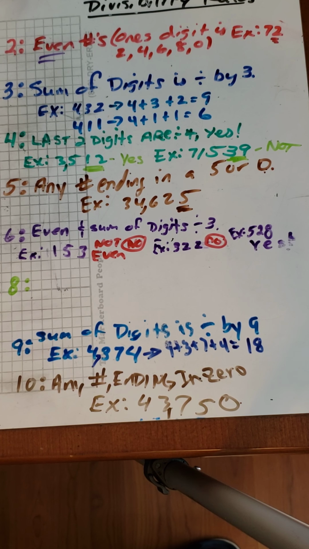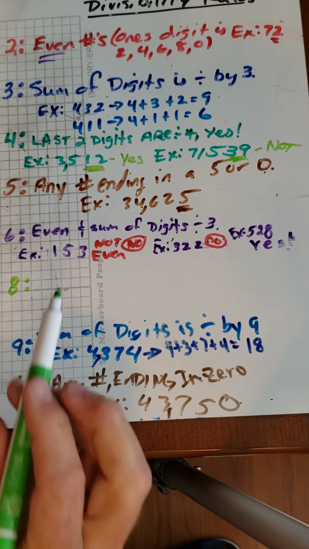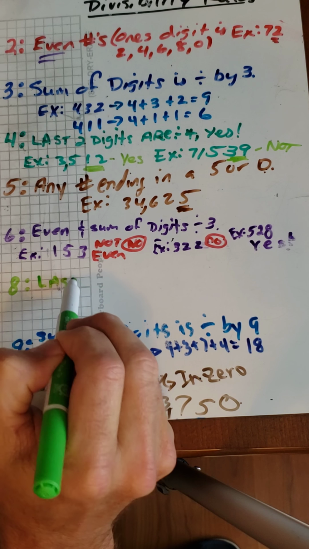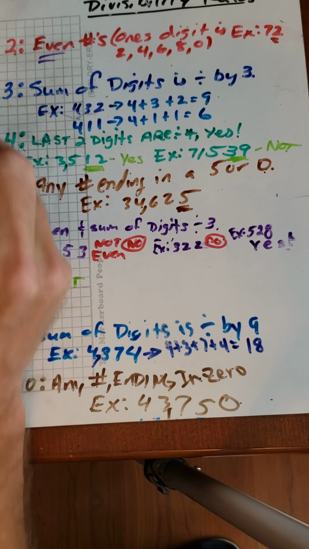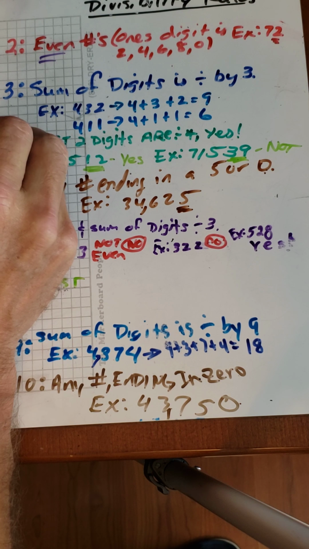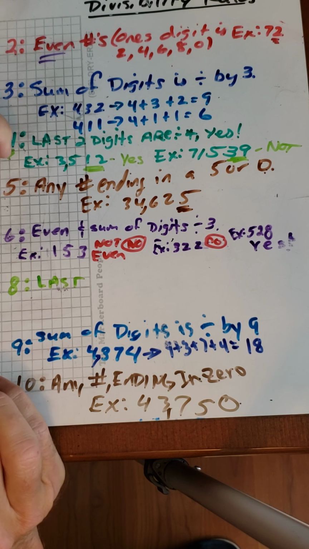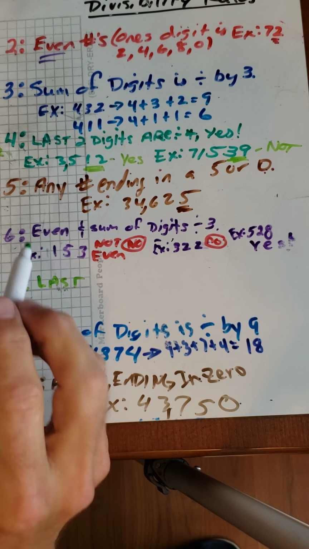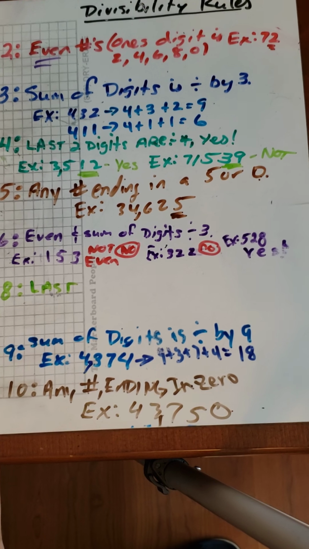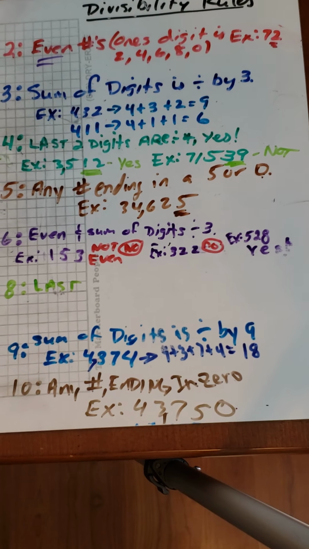And that leads us to the last one here, which is number 8. And number 8, the rule is the last. So here it was the last two digits. And to get 4, that's actually 2 squared, if you can remember, right? 2 squared equals 4. And 2 to the first equals 2. Oops, I'm off the board here.